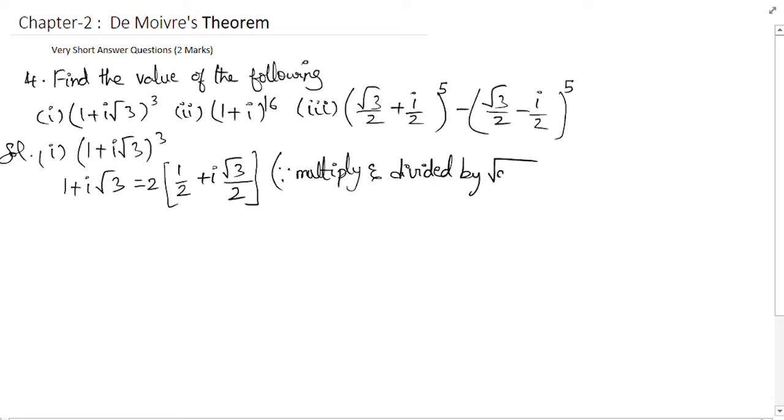this by root of a square plus b square, where a is 1. So root of 1 square plus root 3 square, that means root of 1 plus 3, which is equal to 4. So square root of 4 is 2. Okay.